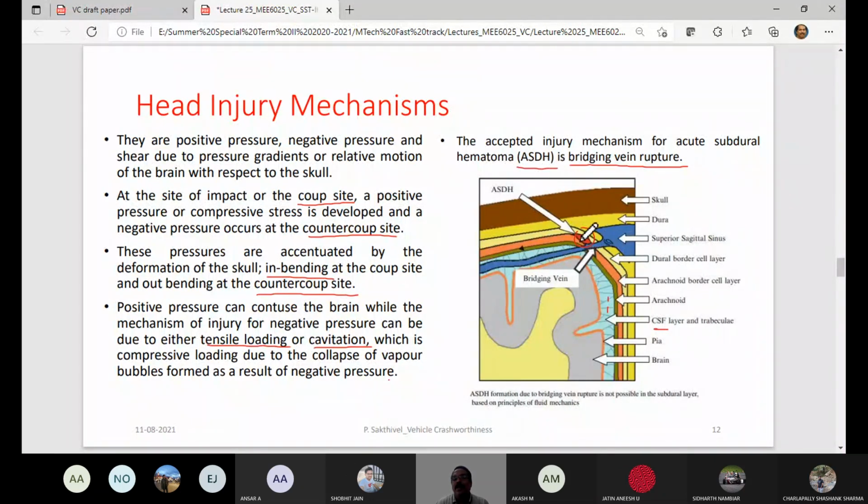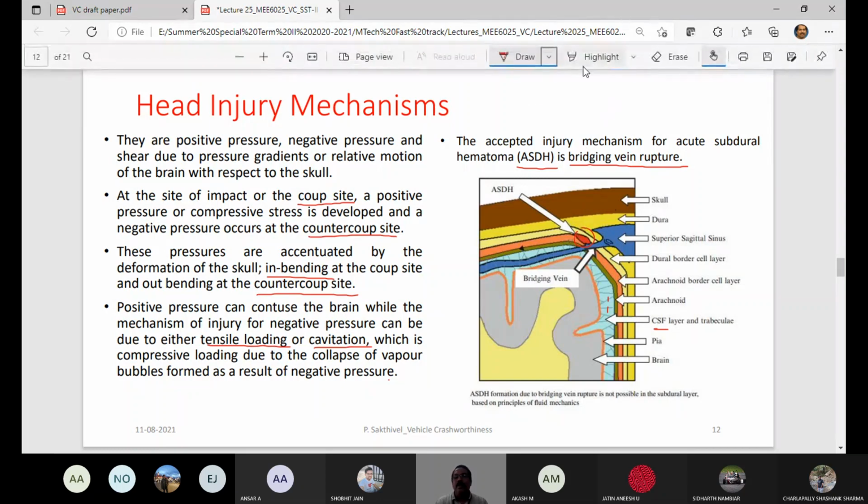Suddenly your veins get ruptured, so the draining process of your blood is affected, and then the clot may stop it, and that is the reason why you get some disorders. You get immediately unconscious and so on. So this is the kind of mechanism that goes into head injury.